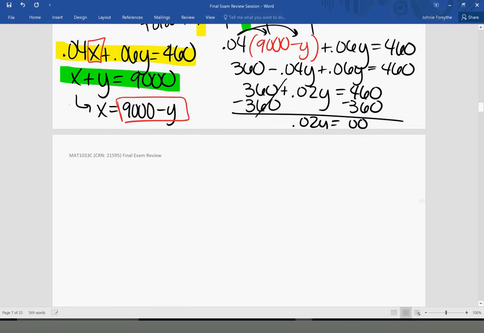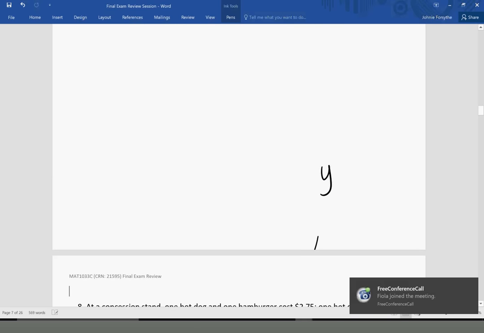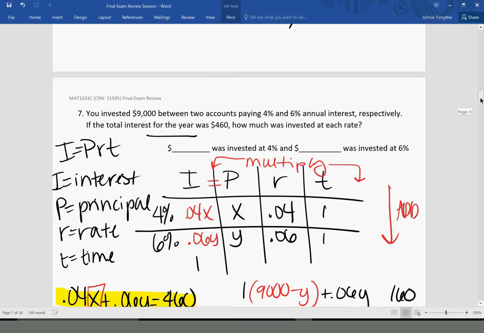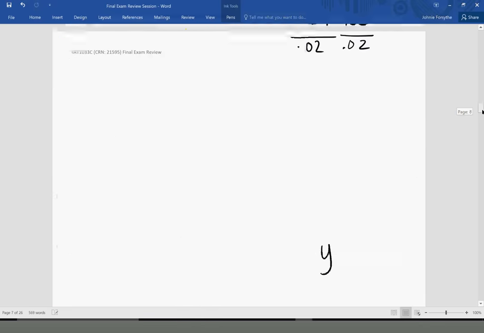And then to solve for y, I'm going to divide by 0.02. So, what? Okay. It didn't like me going through pages. That's okay. Alright. Sorry, guys. I'm trying to use different technology here.